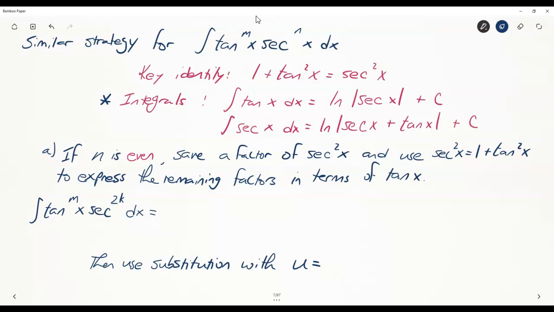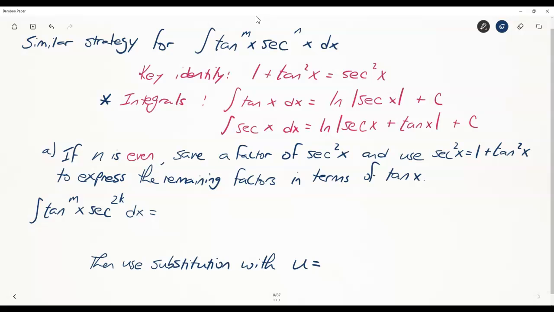That will express the remaining factors of secant in terms of tangent. So starting with this expression, notice that I said if n is even. That means this power of secant is 2 times some number. Not 2k plus 1. That was when we were dealing with odd numbers last week. But if it's even, it's just 2 times the integer.